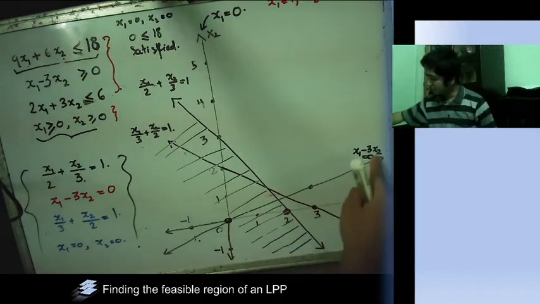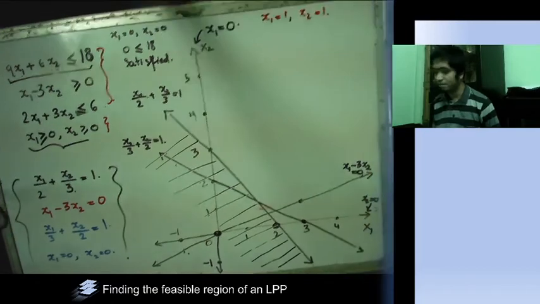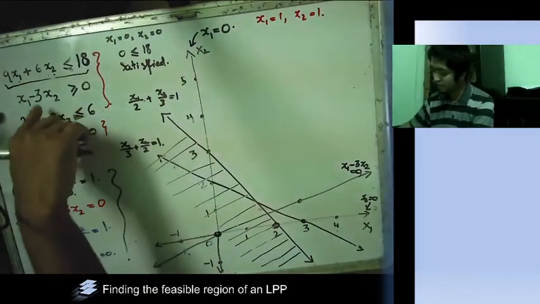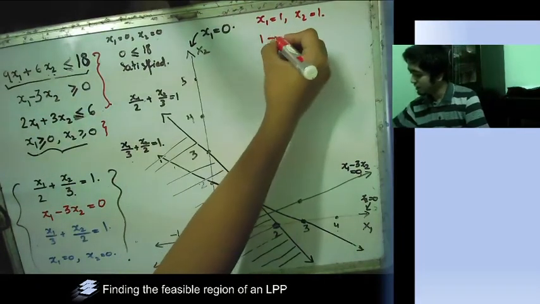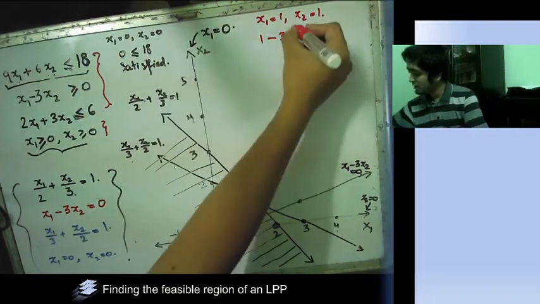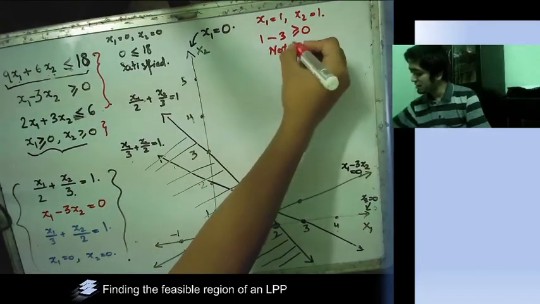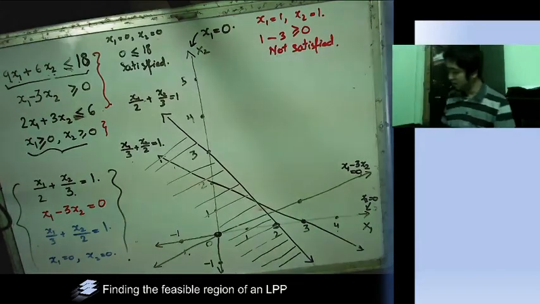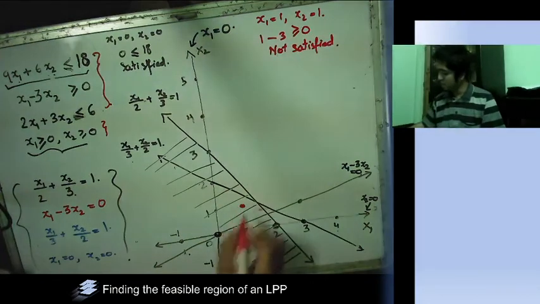And you are concentrating on this line now, x1 minus 3x2 equal to 0. If you put x1 equal to 1 and x2 equal to 1, you will get 1 minus 3 greater than or equal to 0, which is not satisfied. What you actually did was take the point x1 equal to 1 and x2 equal to 1, which is this point.